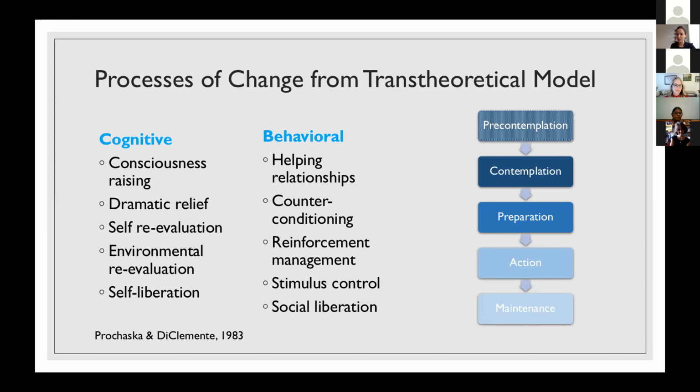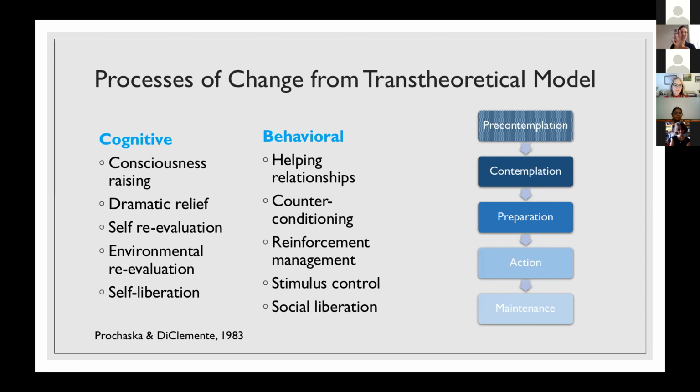And the reason why this theory came up for me was because some of the processes of change, which is what people undergo as they're moving along the different stages, were very similar to the description of the changes the villagers and the spectators and the actors underwent.